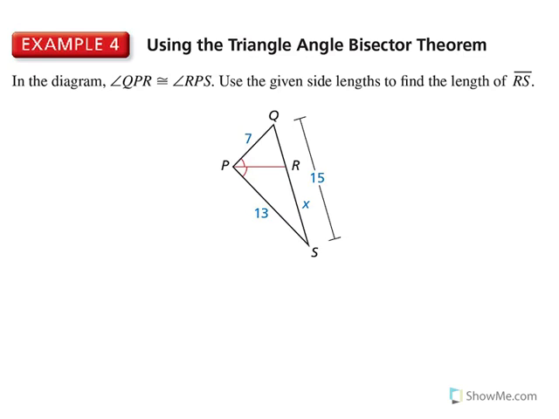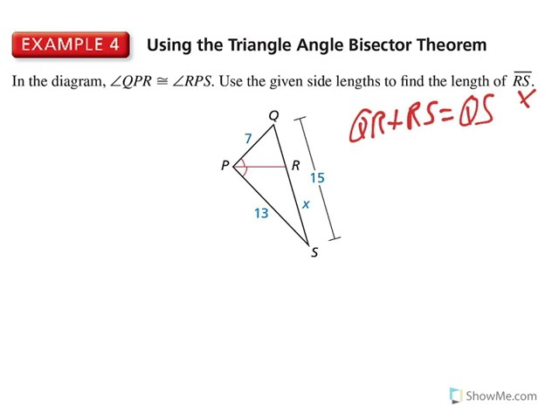So here I have this statement. It says in the diagram, QPR is congruent with RPS. Use the given side lengths to find the length of RS. They already have the X there for us in RS in our diagram. So if I want to compare my sections, let's first think about what QR would be. By segment addition, QR added up with the other part of it, RS, would equal the total of QS, correct?